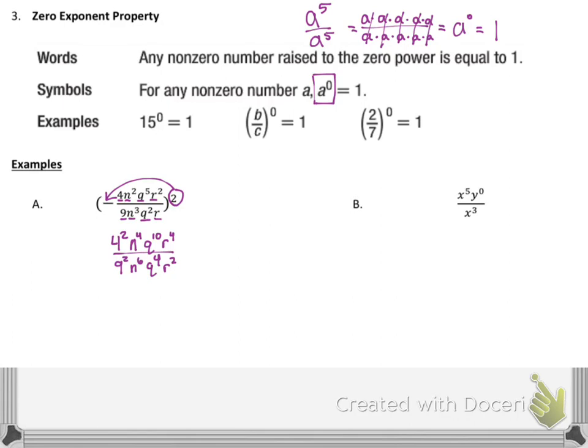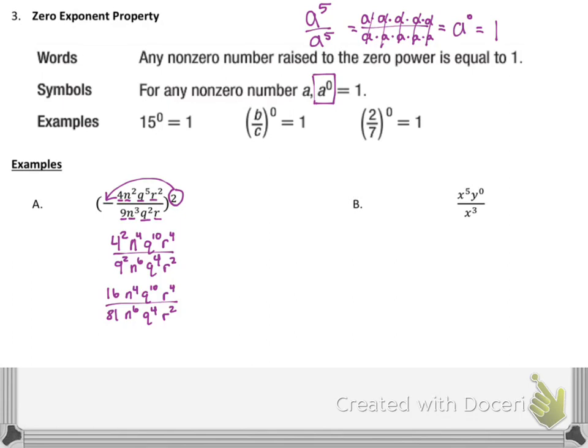Again, the exponents multiply here, because n to the power of 2 raised to another power of 2, I multiply. Q to the power of 5 raised to another power of 2, I multiply those exponents. Now the 4 squared and the 9 squared can be evaluated to 16 over 81, just like that.